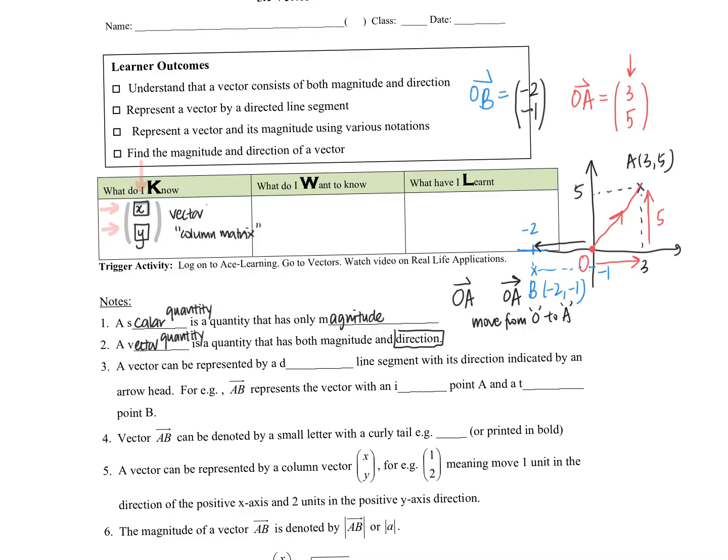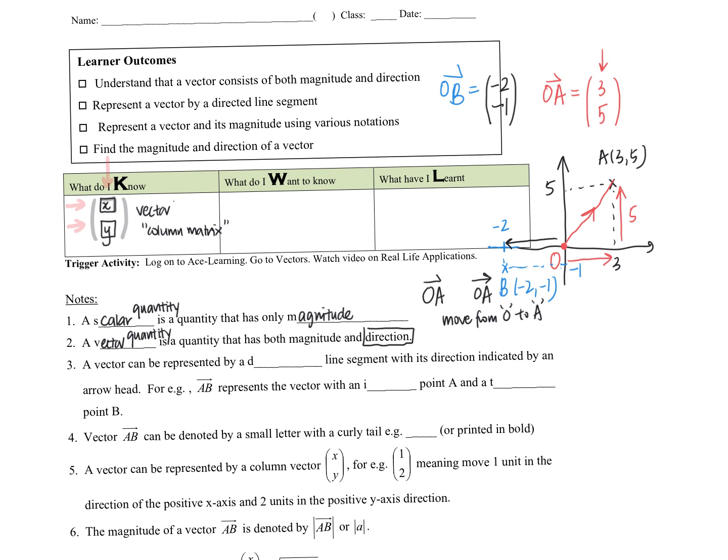The direction is very important. So a vector can be represented by a directed line segment with its direction indicated by an arrowhead.